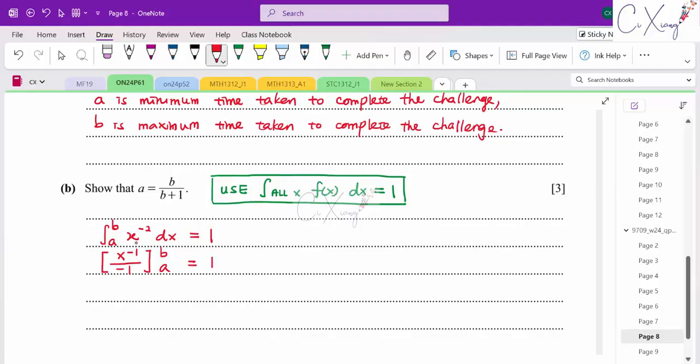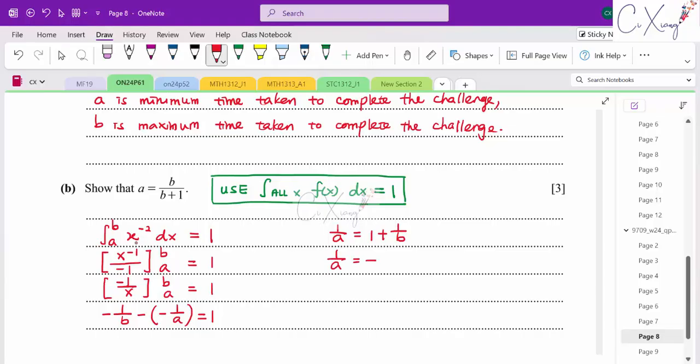My personal habit is I prefer to simplify everything first before I substitute the limits. From here, you can see very clearly that you have negative 1 over b minus negative 1 over a equals 1. Now I want to express a in terms of b. So 1 over a equals 1 plus 1 over b.